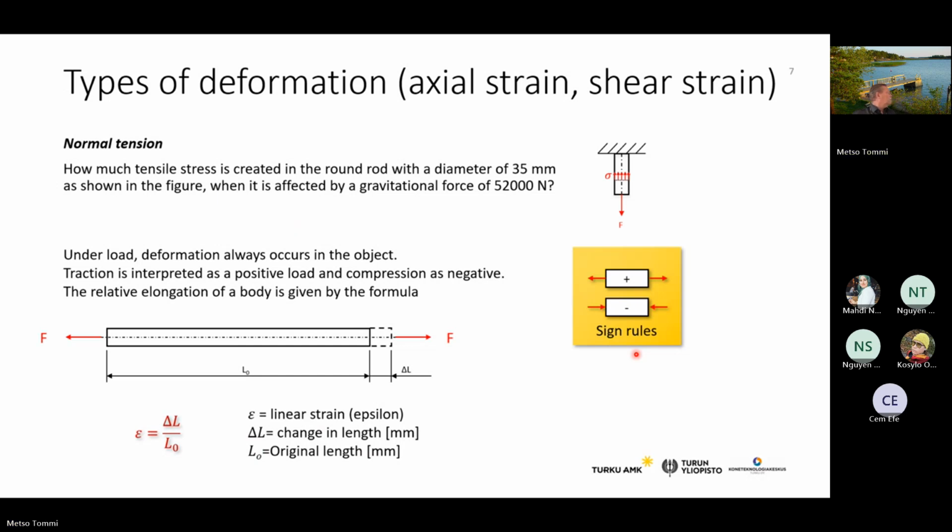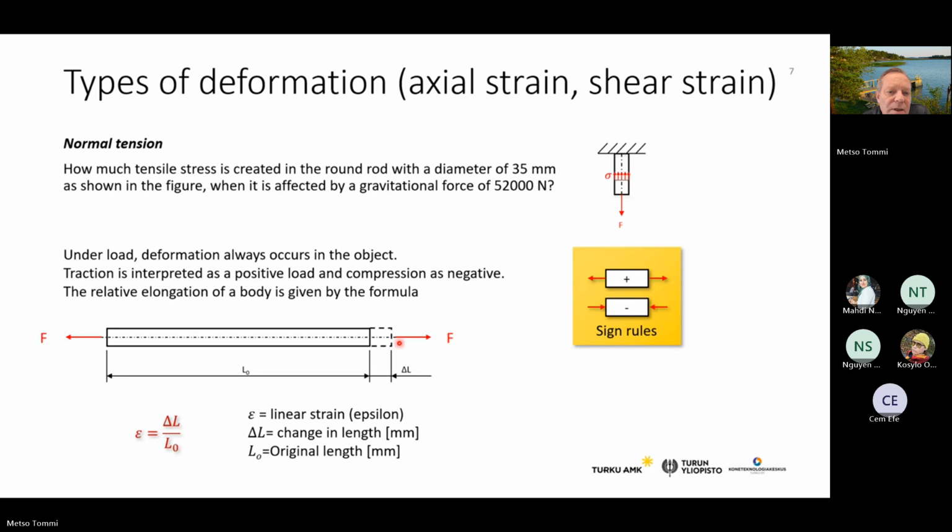This is something from the beginning of the course also. Every time that we put tensile force, deformation happens, and we can calculate these deformations.